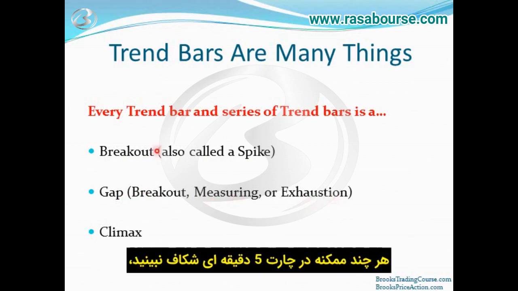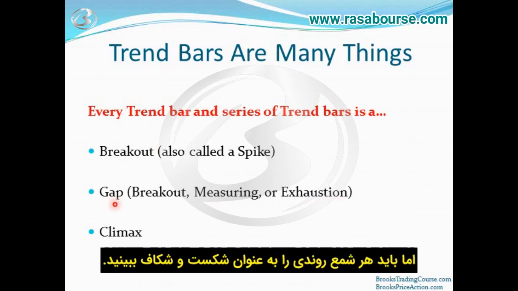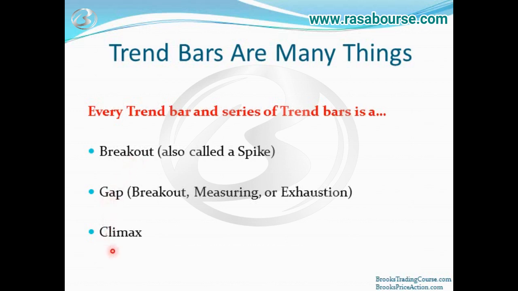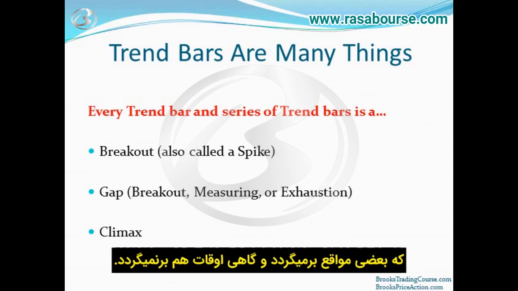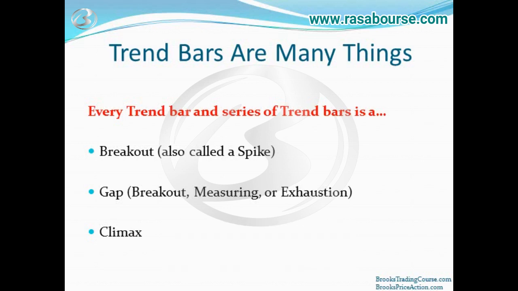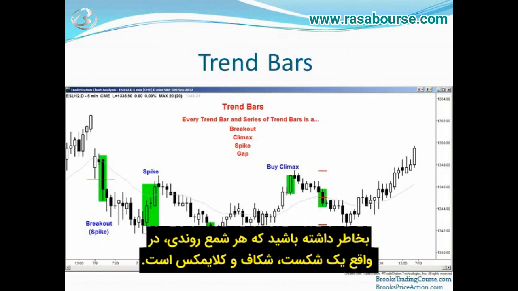Even though you don't see a gap on a 5-minute chart, you should think of every trend bar as both a breakout and a gap. It's also a climax. Sometimes it reverses, sometimes it does not, but you should think of every trend bar as a breakout, a gap, and a climax. Remember, every trend bar is a breakout, a climax, a spike, and a gap.